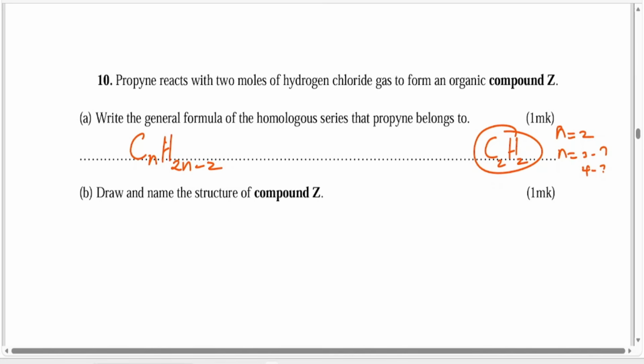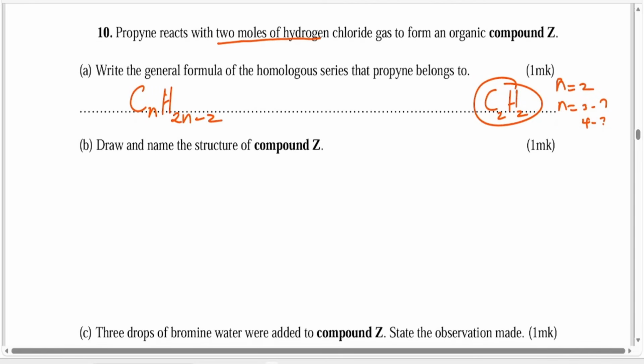Draw and name the structure of compound Z. We are told that propyne reacts with 2 moles of hydrogen chloride. So when 2 moles of hydrogen chloride react, let me just try to elaborate. I have propyne, which is carbon triple bond carbon. I balance here with hydrogen, and then I have hydrogen on this side.